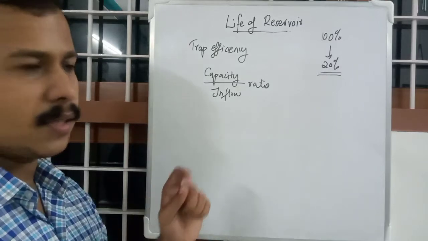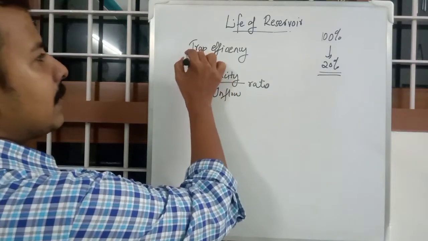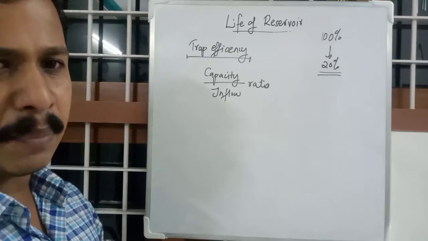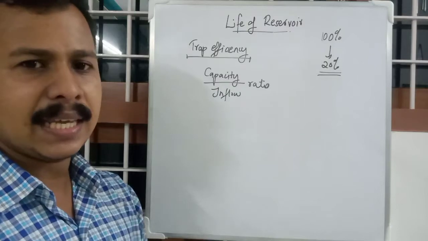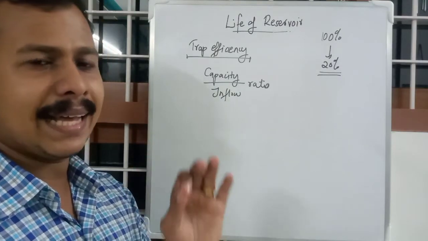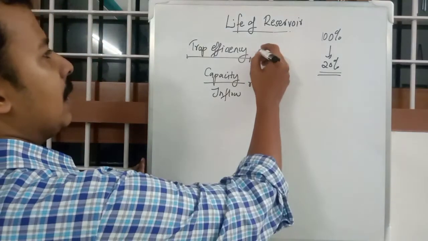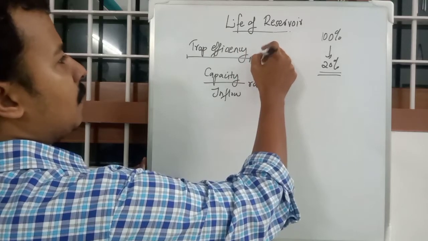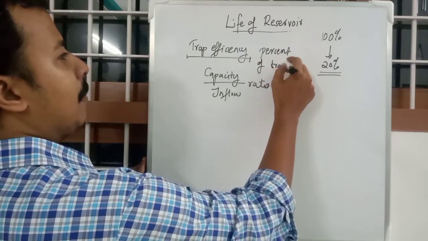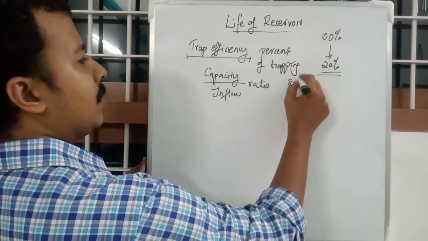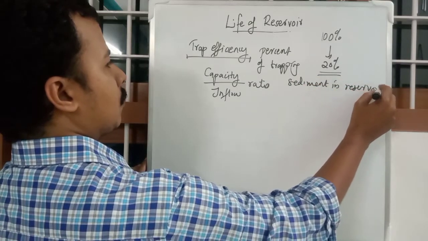Okay, so as we go on to the calculation of life of reservoir, trap efficiency is of prime importance. Trap efficiency, please pay attention. Trap efficiency is the percentage of sediment trapped in the reservoir.